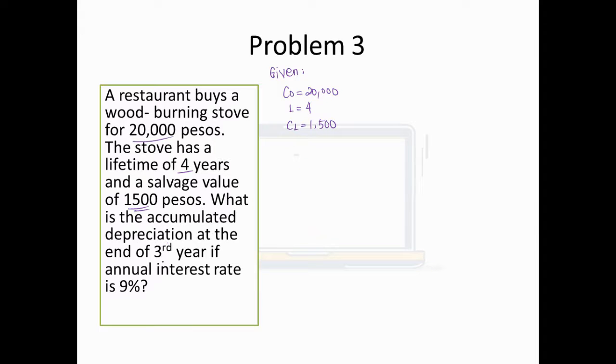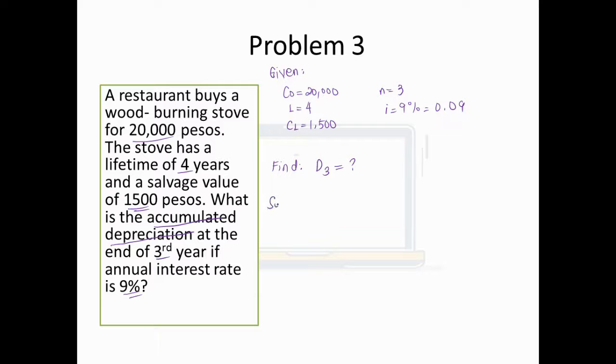We also have the third year as given, so N is equal to 3, and then the annual interest rate is 9%. So we have I is equal to 9%, or 0.09. The unknown for this problem is the accumulated depreciation at the end of third year, or D sub 3.